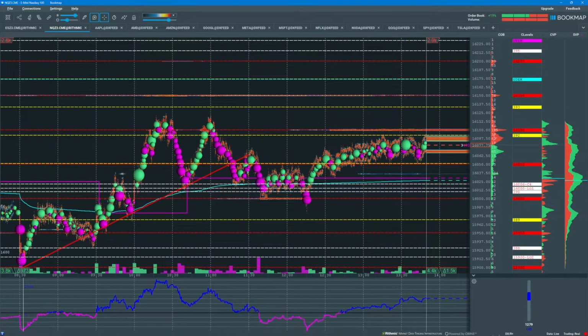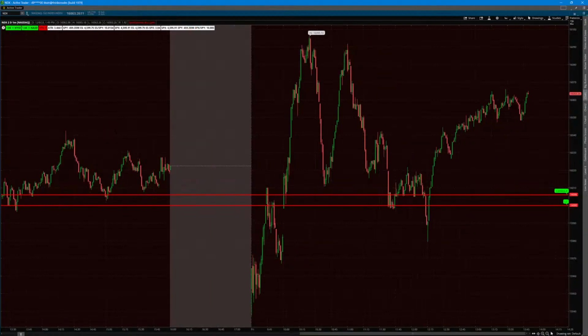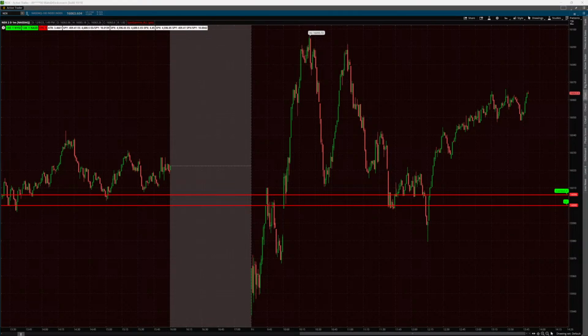Let's take a quick look at NDX. 16,000 level back in play. That's very close to the QQQ 390 level. So there's that 16,000 level, and NDX is trading above that level now.